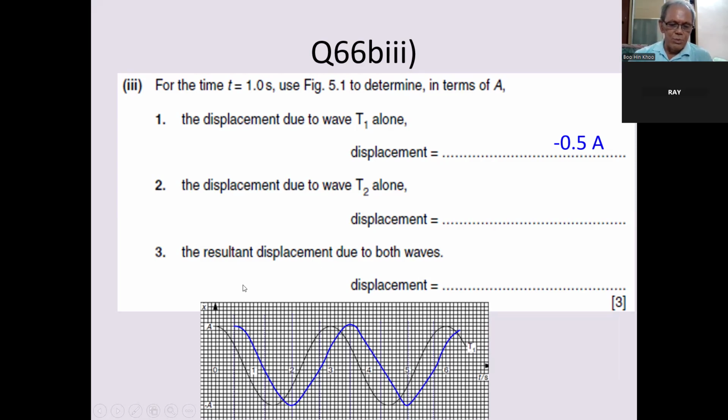It is T2, the blue one. T2 alone. 0.5. Resultant, you add the two together. One is going up, one is going down. Same amplitude, so it's 0.